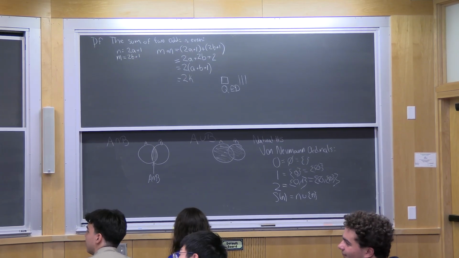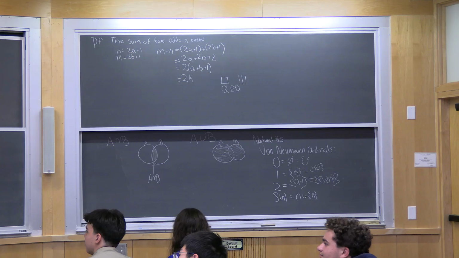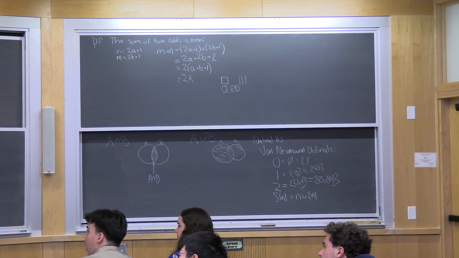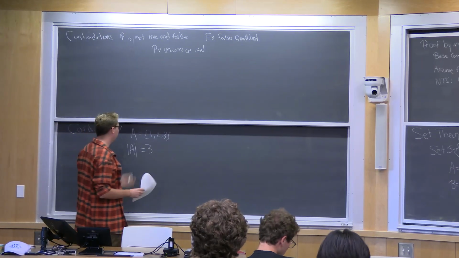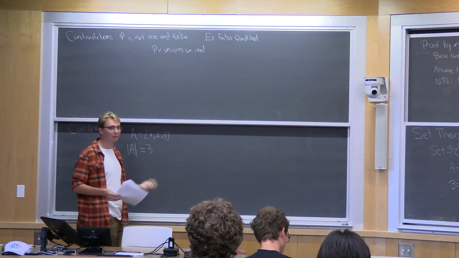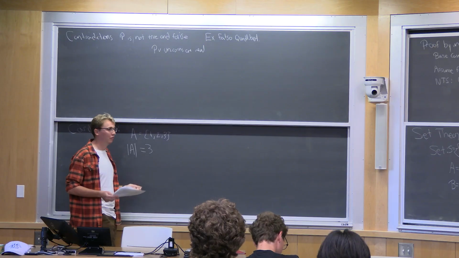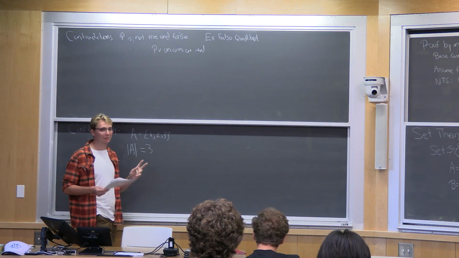Let's let A equal the set. We denote cardinality with the absolute value lines, and the cardinality of A, because it has 3 elements, is 3. If two sets have the same cardinality, or the same number of elements, you can call them the same size.